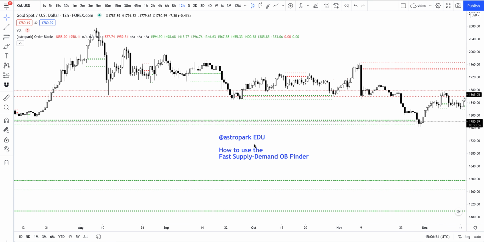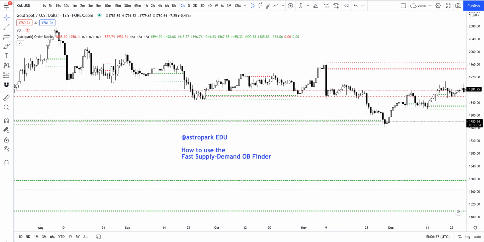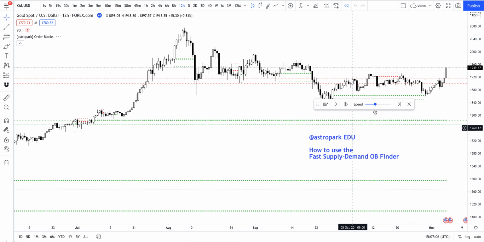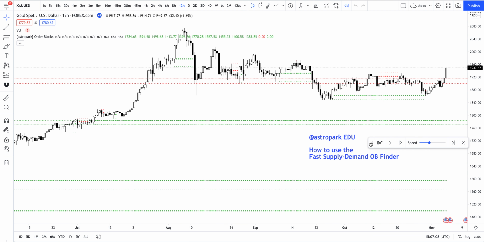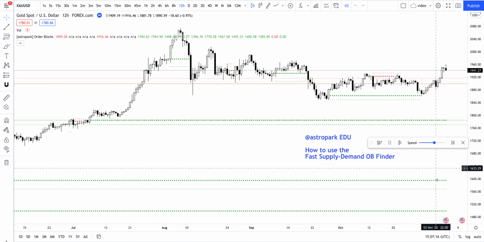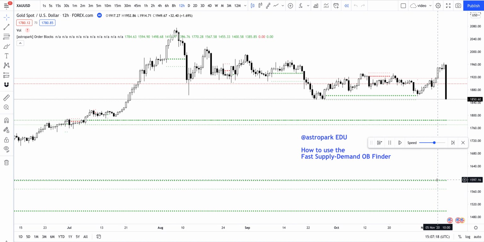Okay, so let's zoom a bit, for example. Let's check, for example, this when it's created with a replay. Okay, can you see here?